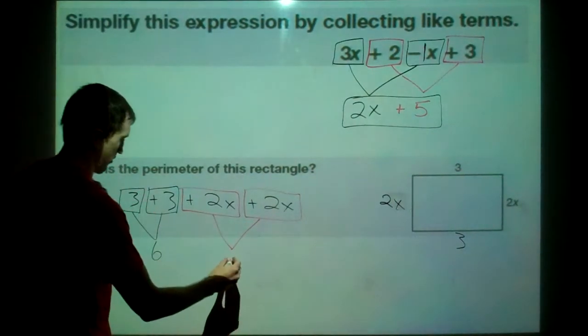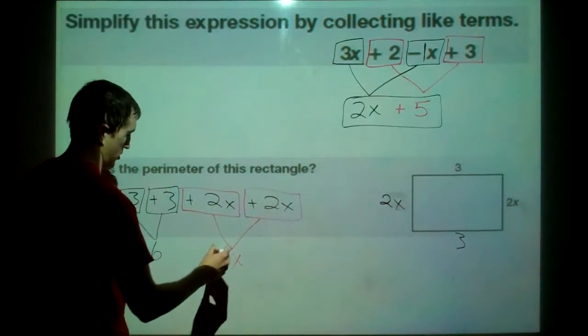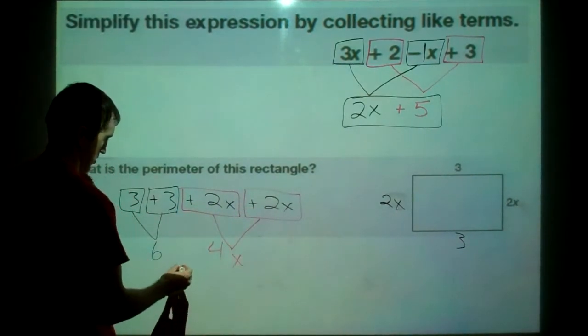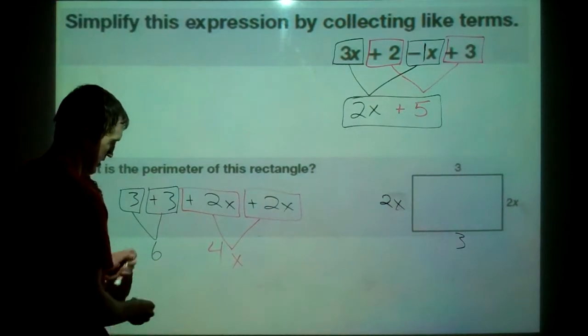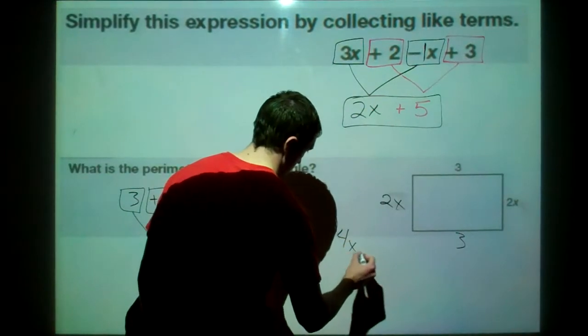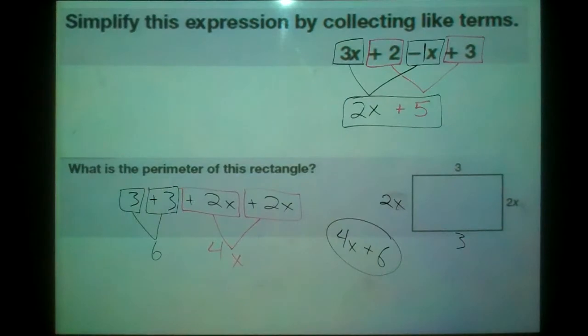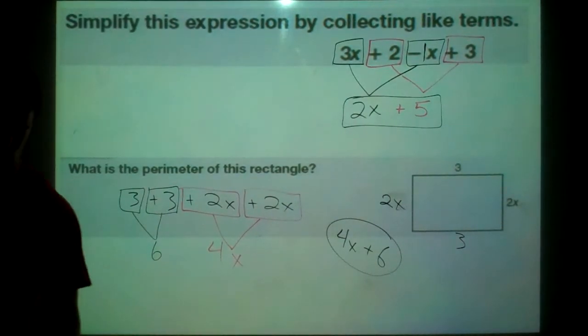So we basically have, we're going to get an x here, and we're also going to have 2 plus 2, we'll get 4. So we have 6. Or I'm going to reorder it, 4x plus 6. That's how we would represent the perimeter there. We do not know x, and we cannot solve for x, so we don't know what the actual perimeter is.